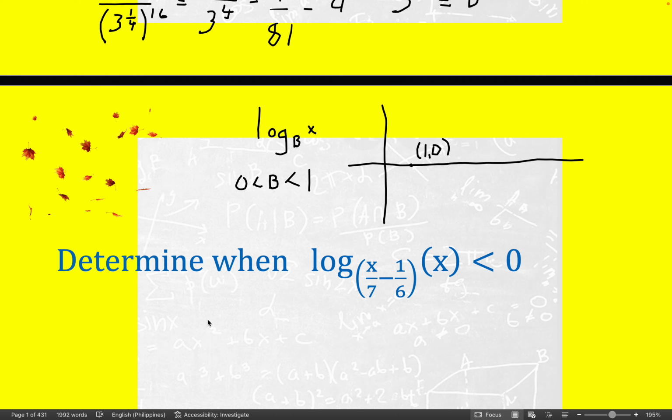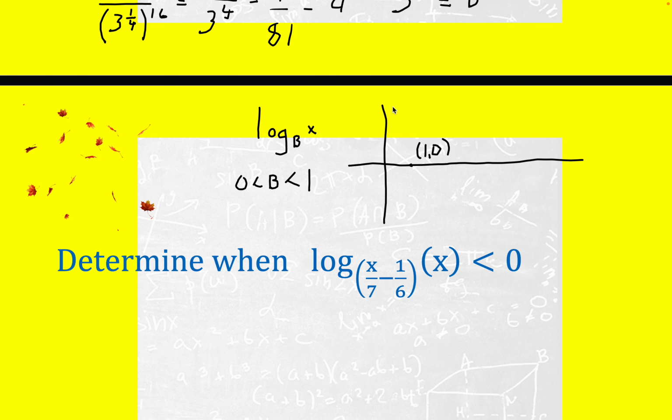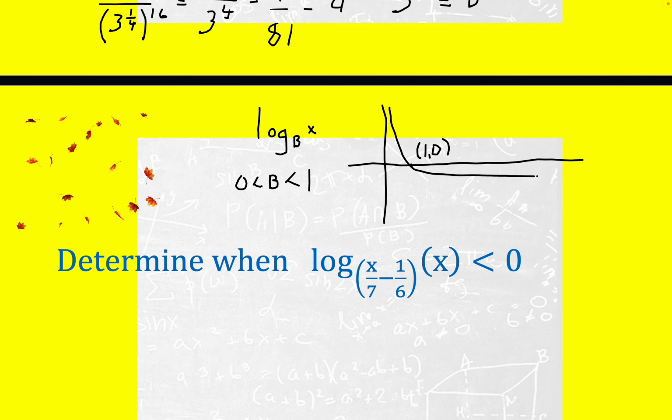So the shape of this is kind of the opposite of the more familiar logarithm graph that you're familiar with. It looks something like this. I'm going to keep extending this to make a point here, a sanity check that this is right. Y'all remember the shape of the standard logarithm where the base is bigger than 1 goes up and over like this. So you can kind of get a feel for what's going on here.